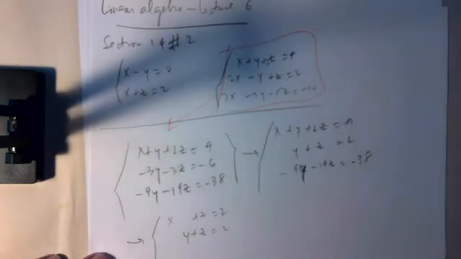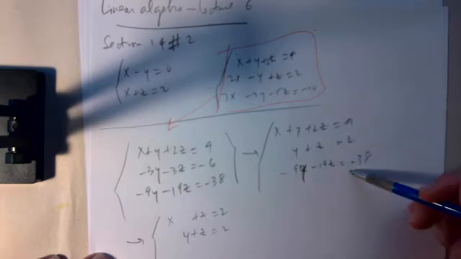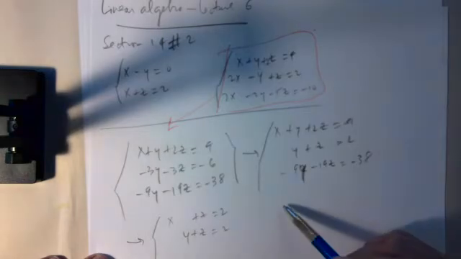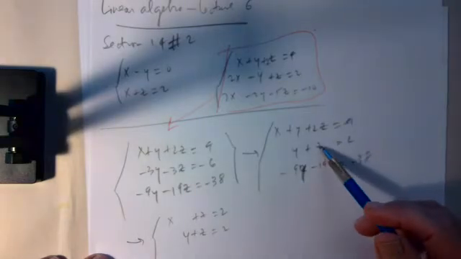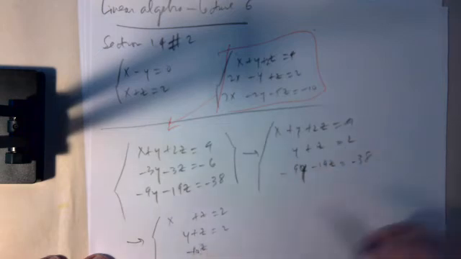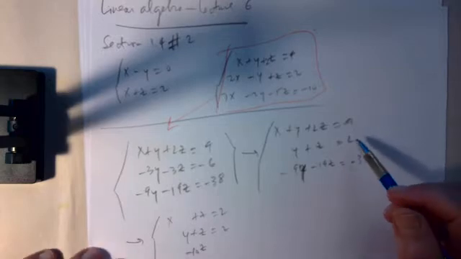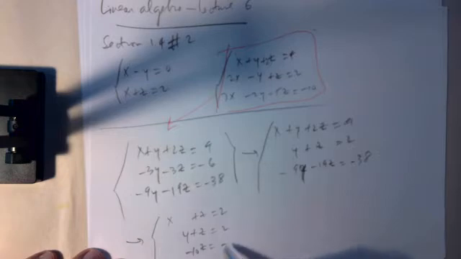And if I add 9 times this equation to the bottom equation, 9y minus 9y is 0, 9z minus 19z is minus 10z, and 9 times 2 is 18. 18 minus 38 is minus 20, I think.